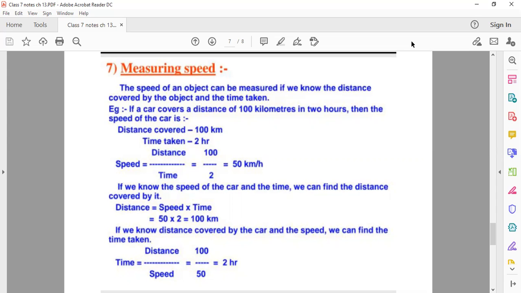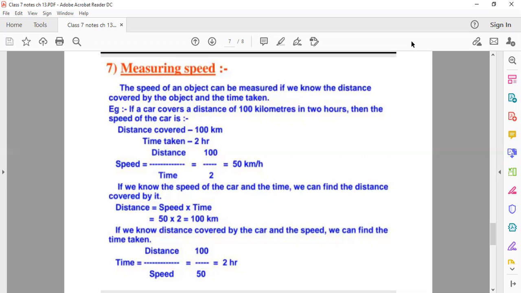I have discussed with you that the standard unit of speed is meter per second, the unit used worldwide. But we also use kilometers per hour or centimeter per second, depending upon the question and how much distance has been covered by an object, either in kilometers, meters or centimeters.